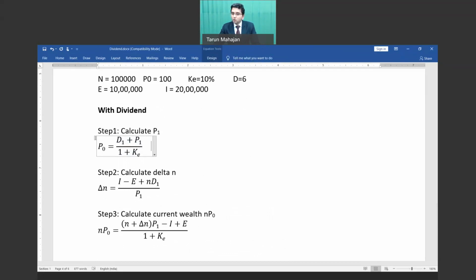P0 is already known and it is 100 rupees. And actually, I'm trying to calculate P1. So D1 will be 6 rupees. P1 is not known to us. 1 plus K is 1.10. When I solve it, P1 will be equal to 104. You can check it. P1 will be 104.